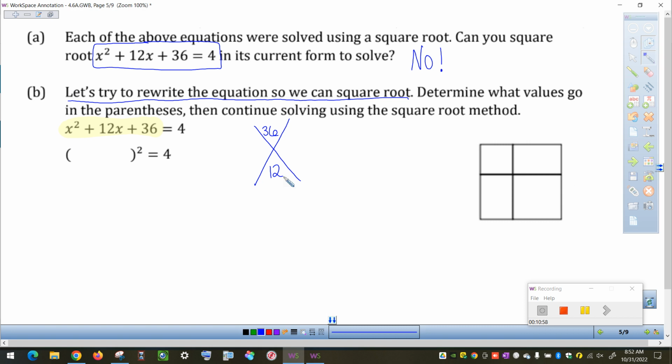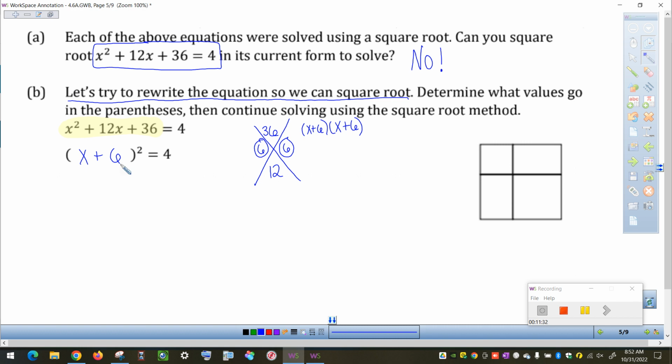Can you think of two numbers here that would work? Let's do 6 and 6. So 6 times 6 is 36, and 6 plus 6 is 12. So really that would be x plus 6 times x plus 6. But because it's being multiplied by itself, we can just write it as the quantity x plus 6 squared.